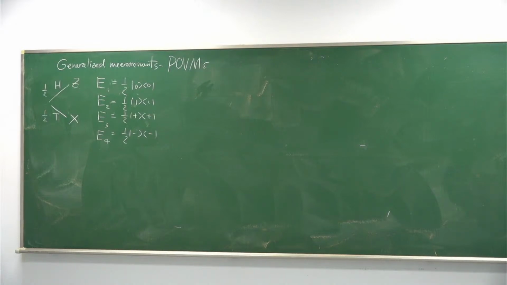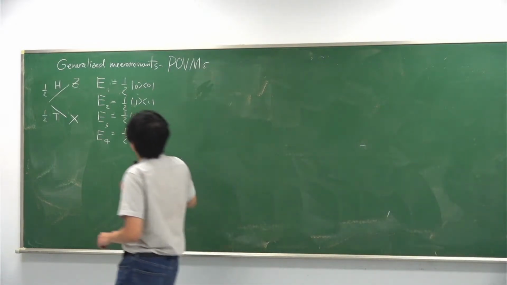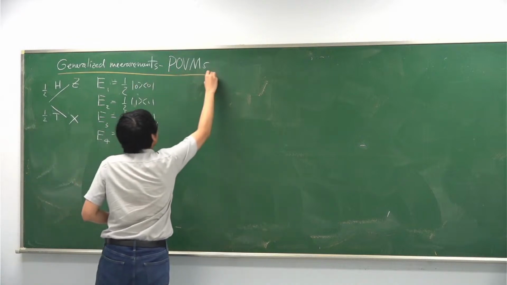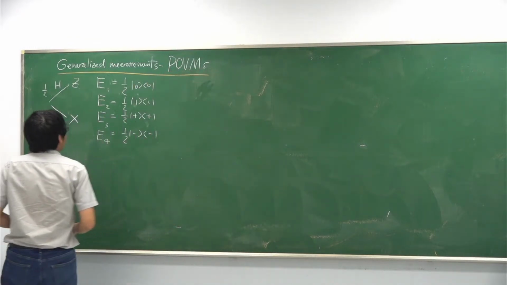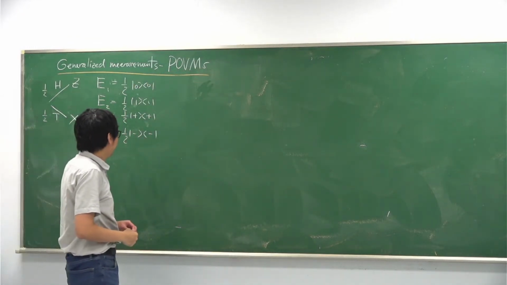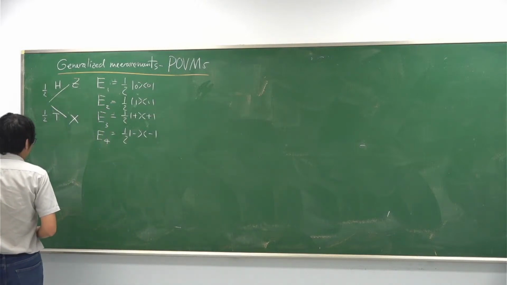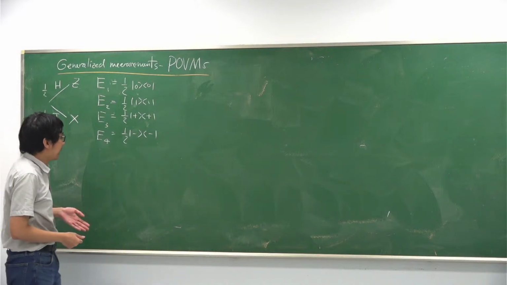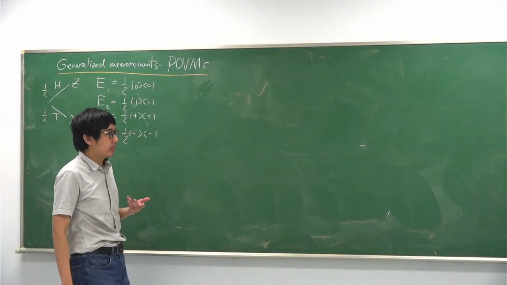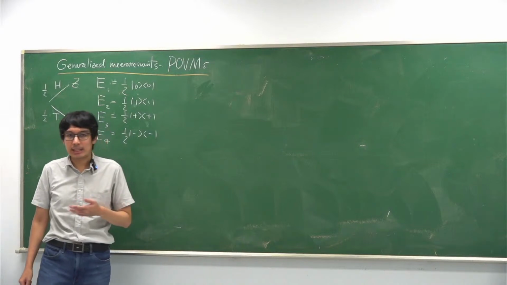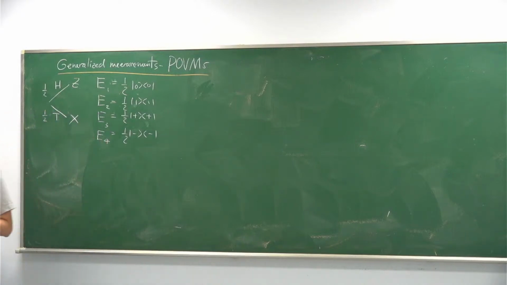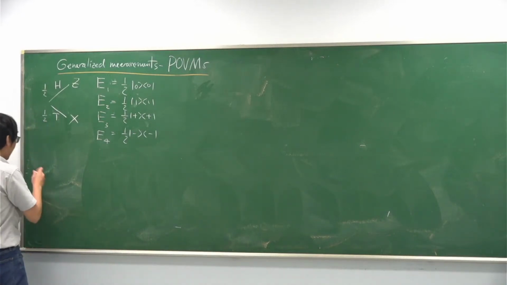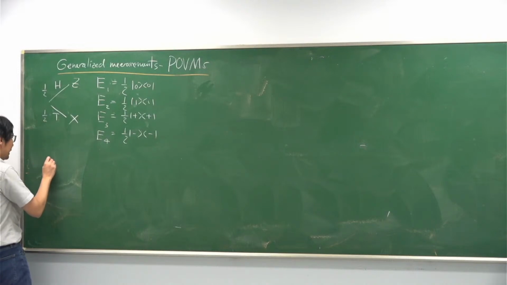We are on the topic of generalized measurements or POVMs. Right, and so the last time I just gave an axiomatic definition of POVM, in the sense that it is any set, right?